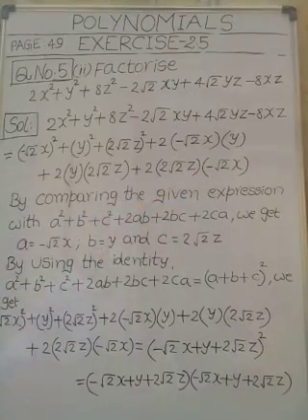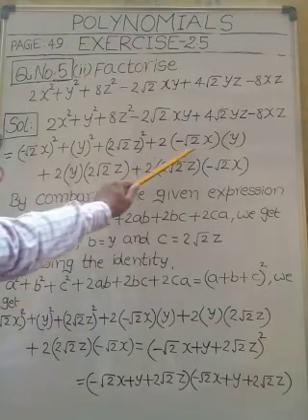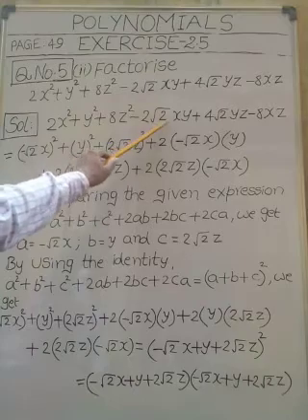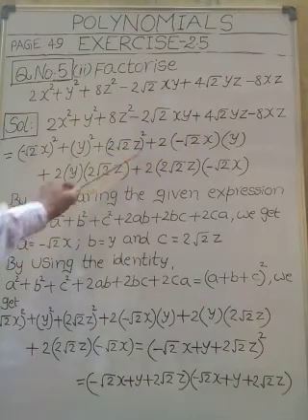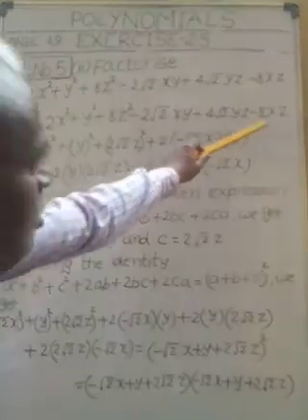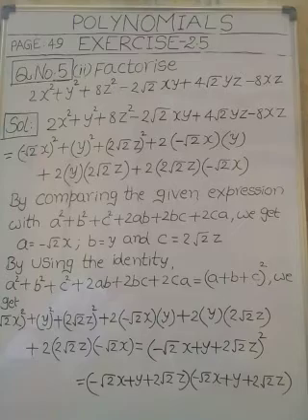I wrote the remaining 3 terms with the help of the algebraic identity: a square plus b square plus c square plus 2ab plus 2bc plus 2ca. If you simplify this fourth term, you get this fourth term only. If you simplify this fifth term, automatically you get this term only. If you simplify this sixth term, automatically you get the last term, minus 8zx. Understood this part, my dear children?